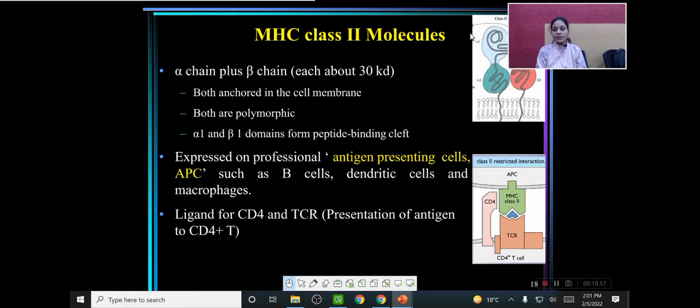In MHC class 1 molecule, only alpha 1 and alpha 2 form the peptide binding cleft, whereas in class 2 molecule, alpha 1 and beta 1 form the peptide binding cleft. Expressed on professional antigen presenting cells, that is APCs, such as B cells, dendritic cells and macrophages.